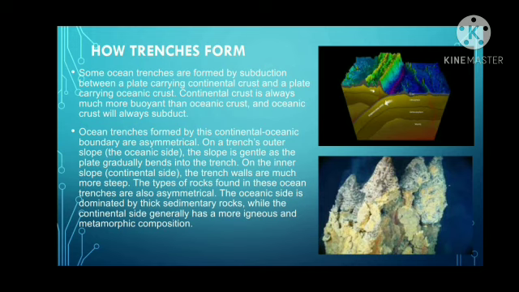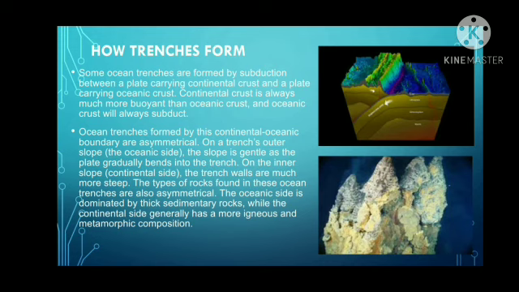Some ocean trenches are formed by subduction between a plate carrying continental crust and a plate carrying oceanic crust. Continental crust is always much more buoyant than oceanic crust, and oceanic crust will always subduct. So oceanic crust is the plate under the subduction zone.